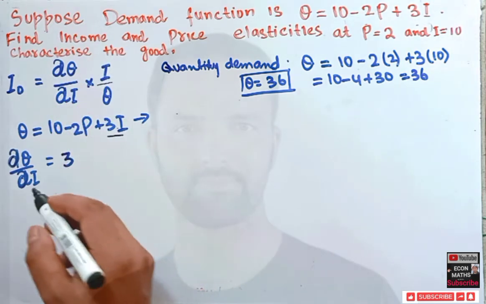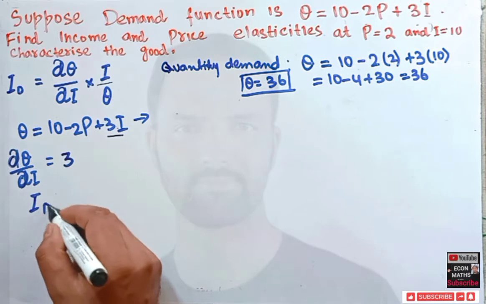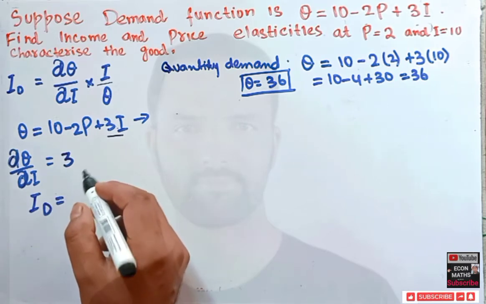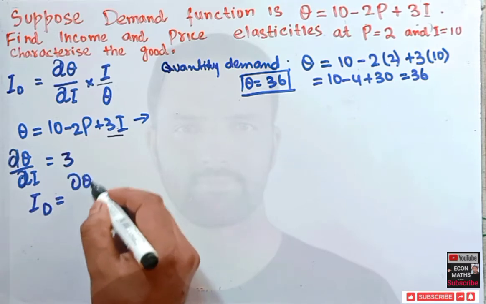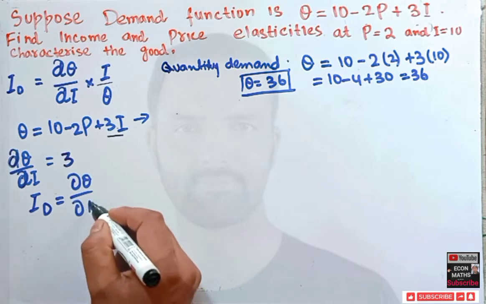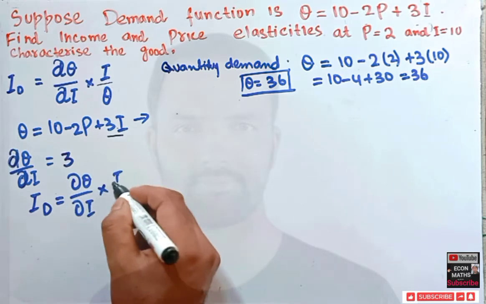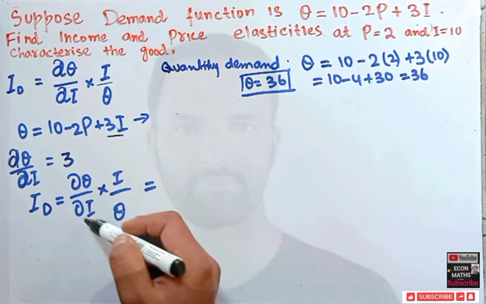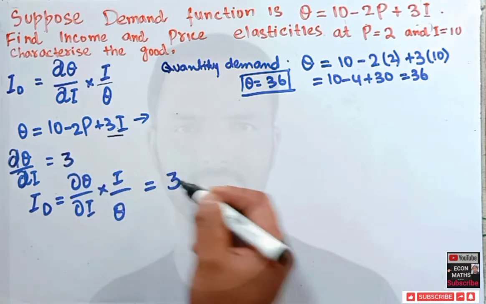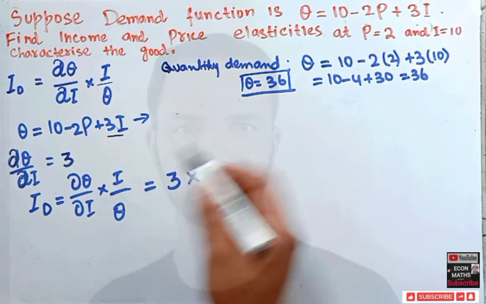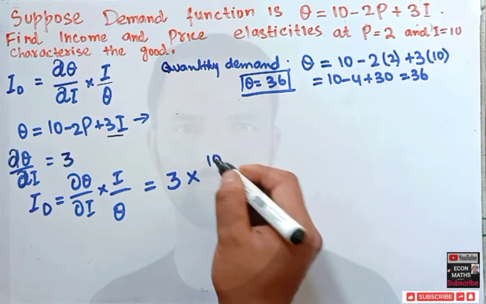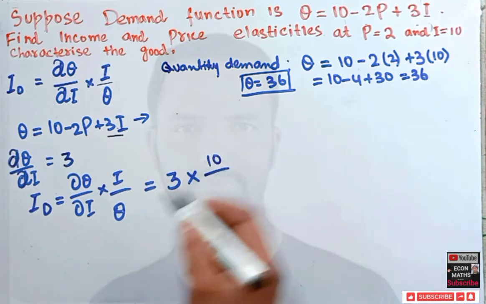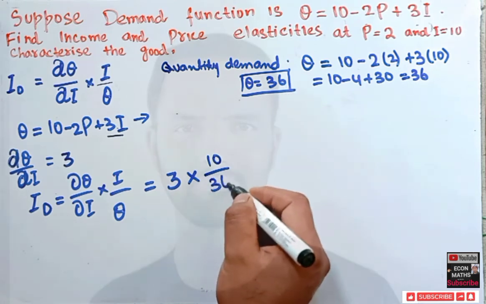That means our income elasticity of demand would be equal to dq divided by di into I over q. This comes out to be the value we got here, that is 3, into our income, which was 10, over our quantity demanded, which we calculated, that is 36.